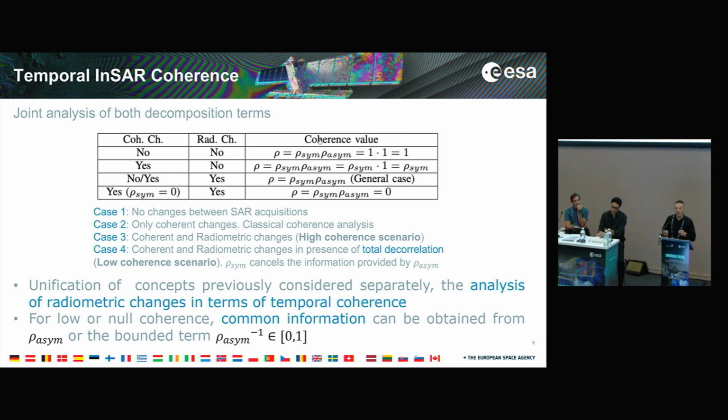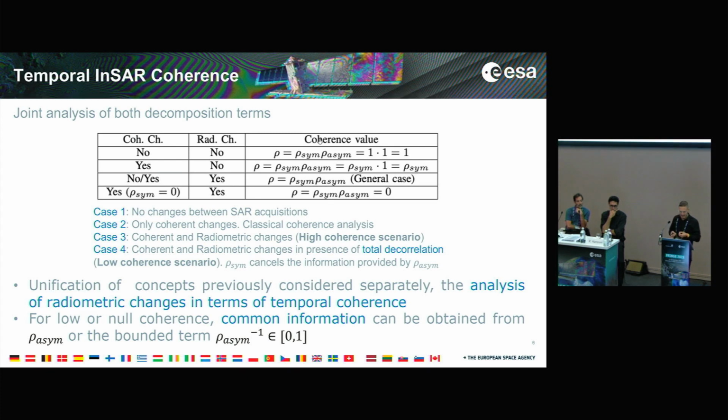But when we are in low coherence scenarios, the symmetric term, which basically goes to the classical coherence, goes to 0. This will cancel the whole equation of coherence, but we can observe that we can still get information from the asymmetric term, which contains the information departing from the symmetric assumption.